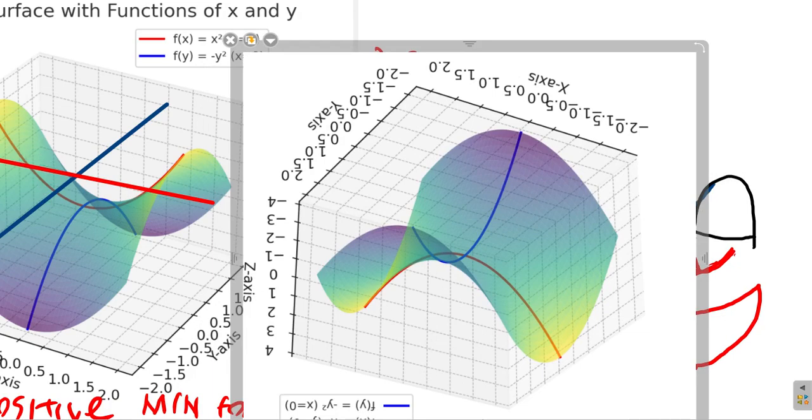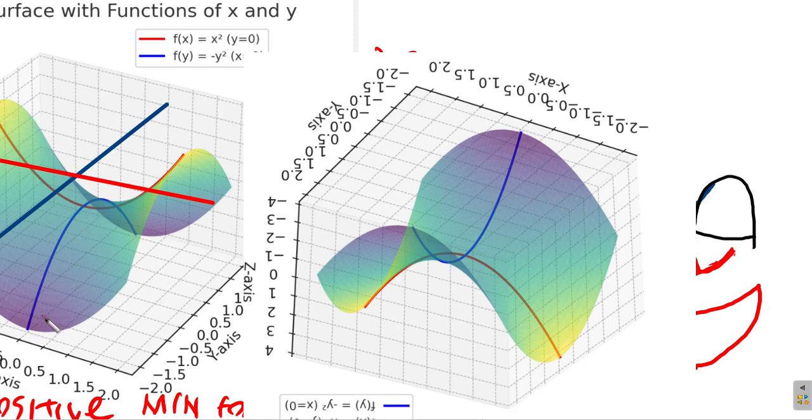So over here you have the blue, Y goes up then down. Here Y goes down then up. So Y has a maximum here, Y has a minimum here. Alright. Over here X is a minimum, over here X is a maximum.